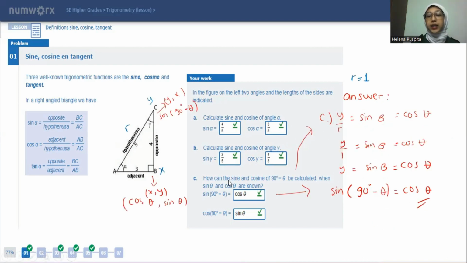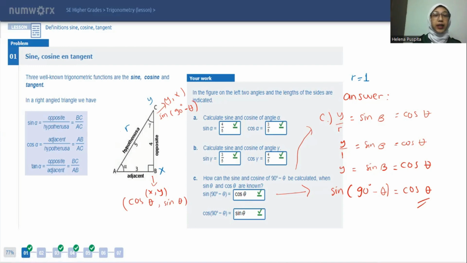Then how can the sine and cosine of 90 degrees minus theta be calculated when sine theta and cos theta are known? Sine 90 degrees minus theta equals cos theta.